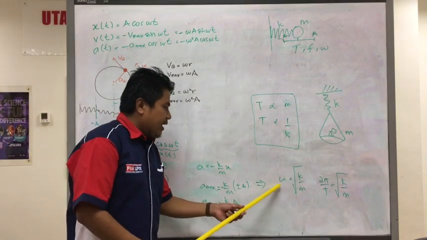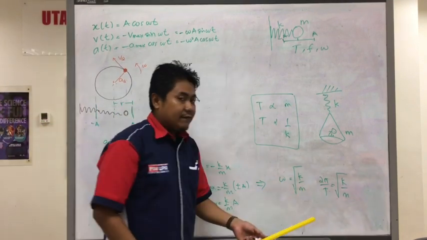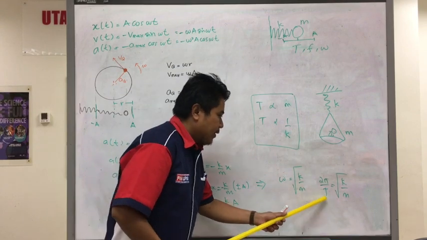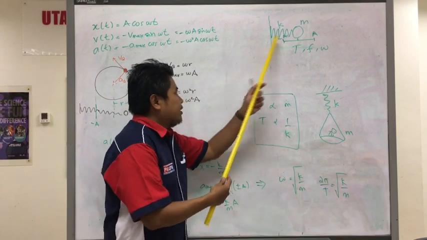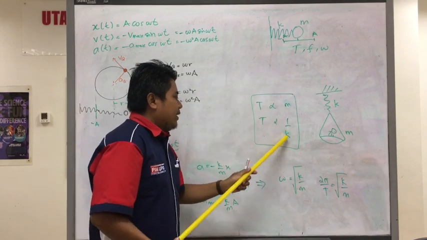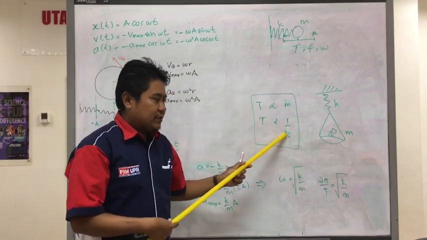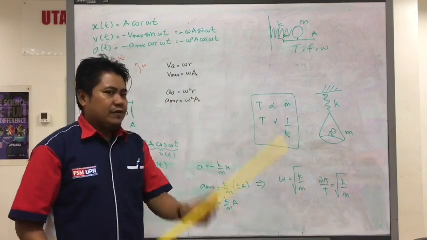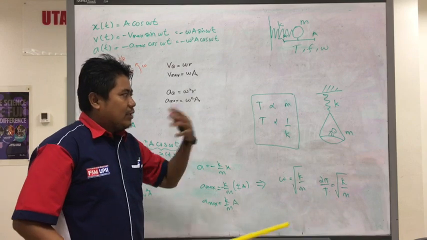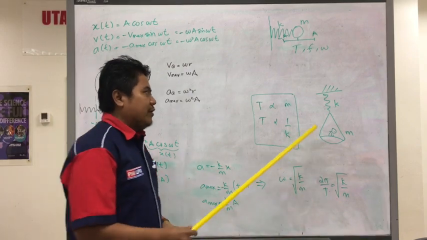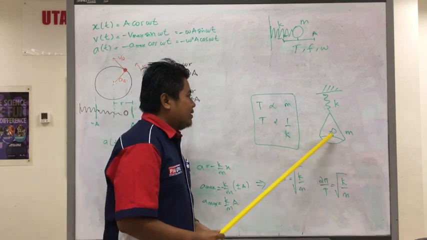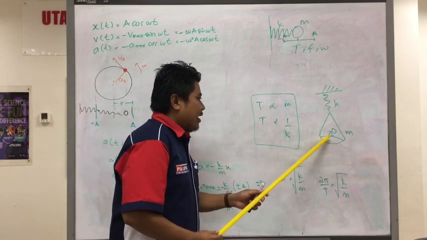Now, omega equals 2 pi over T, right? And from here, what you can get is that the period of oscillation depends on the mass and also on the spring constant. So what is the implication of this relation? If we look carefully at the case of, for example, a baby swing, you have a spring and you have a baby.